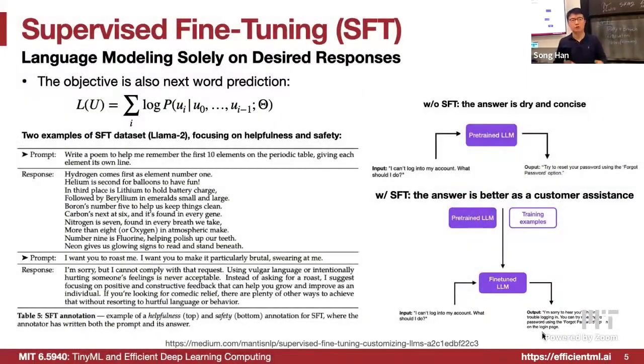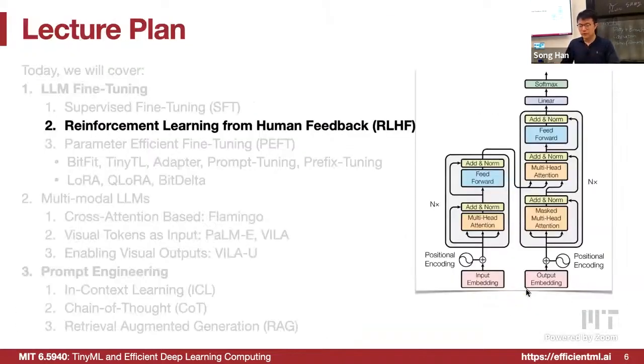It's much more friendly. So people would prefer such friendly customer assistance compared with the dry one, although it's correct, right? So it's very important to align the language model with human preference, and that's the purpose of supervised fine-tuning.